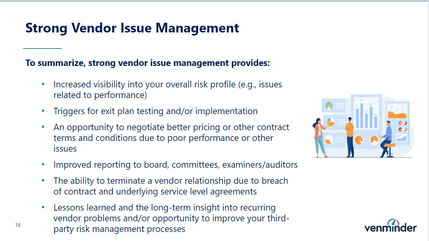So let's summarize strong vendor issues management. We talked about the identification and the management and the steps to consistently work to remediate and close them. This full process will increase your visibility to your overall risk profile. For example, issues related to performance.